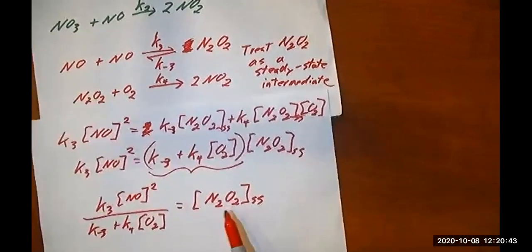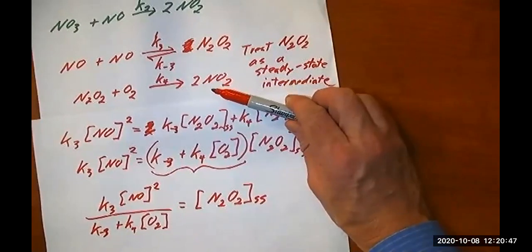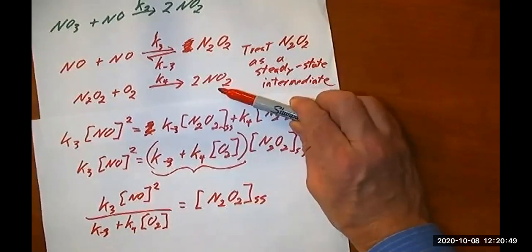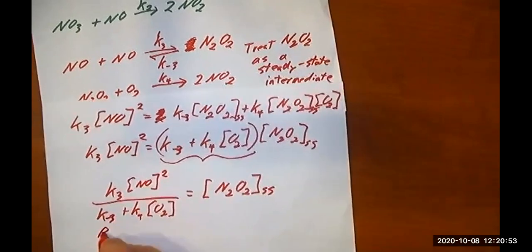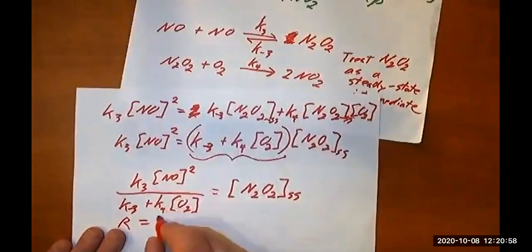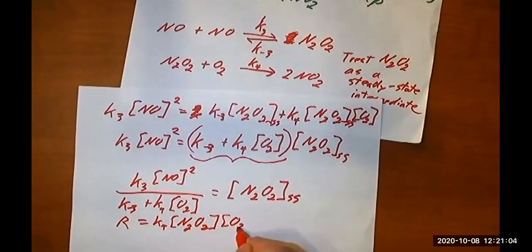Okay. Now, we need to figure out what we're plugging this into. Since this is the step that is producing the products, we're going to call this the overall rate. So our overall rate is going to be k4, concentration NO2, concentration of O2.